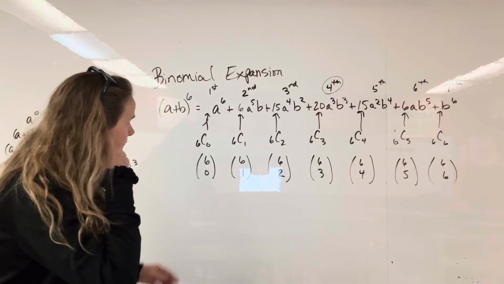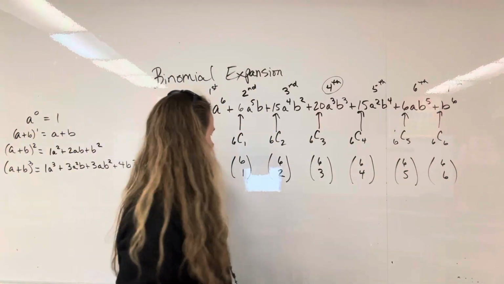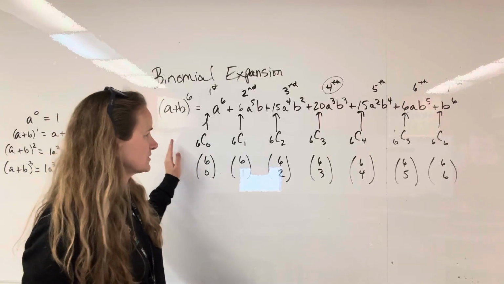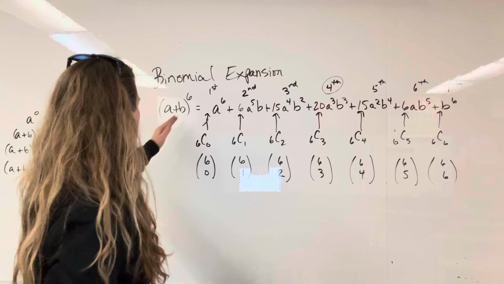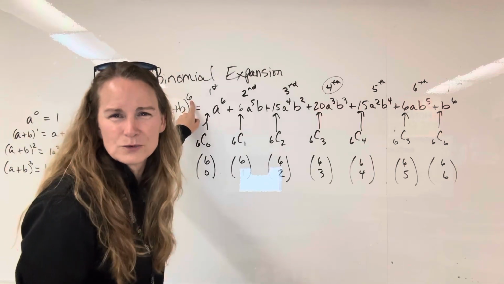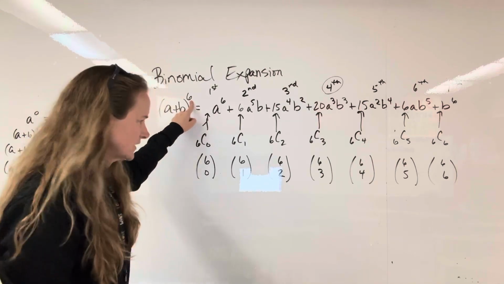So, FYI, I have students say, Ms. Flick, I would never use combinatorics. This seems like lots of work for something I can do a lot faster with Pascal's triangle. Good, I agree.